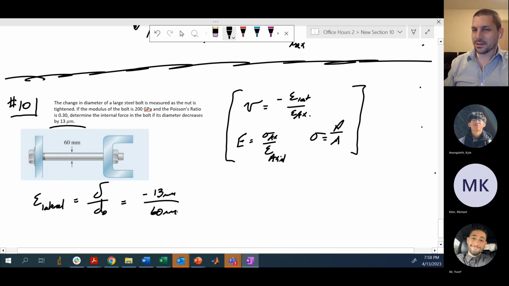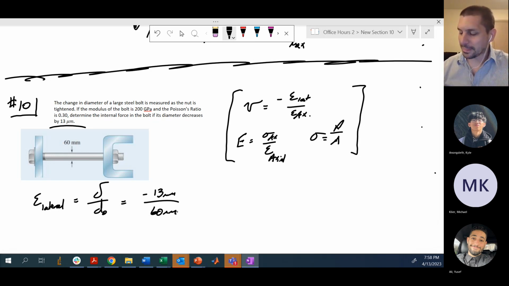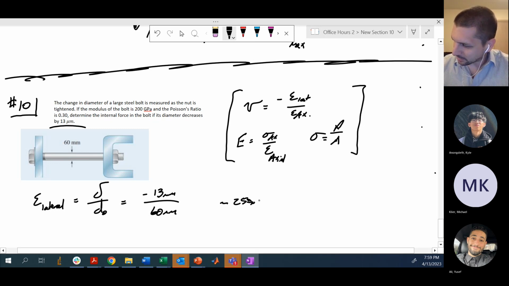That's going to give you some lateral strain. I don't actually have that number on my solution, but it looks like it's approximately 250 microstrain, something like that.